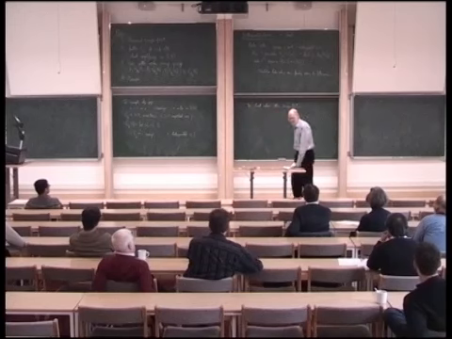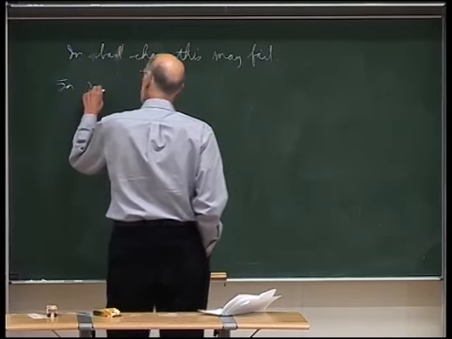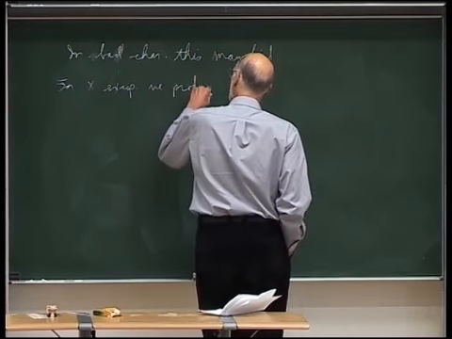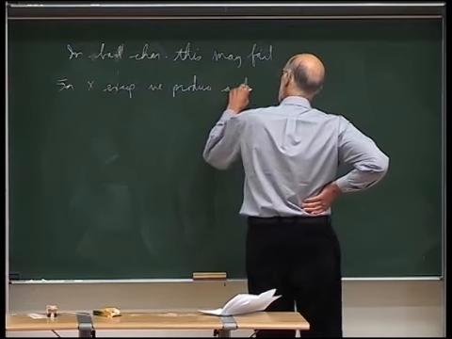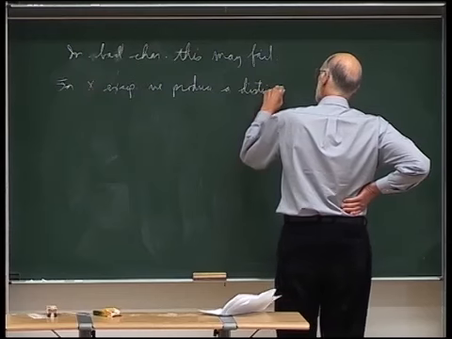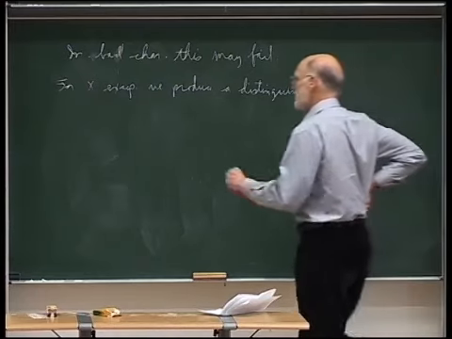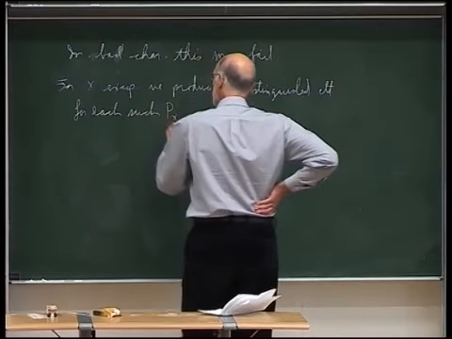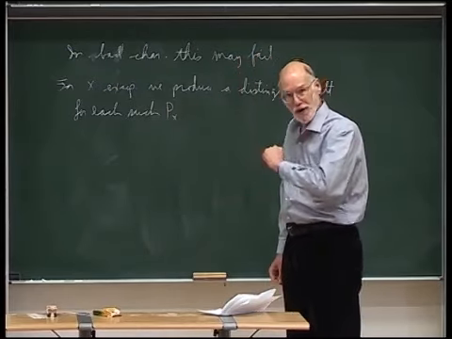So I'll just say this: for X exceptional, we produce a distinguished element for each such P sub X, and it's exactly the same element for all characteristics.